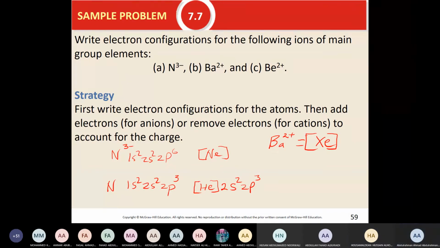How about Be2 plus? He. Exactly, helium. How about O2 minus? Ne. I hope you get it.